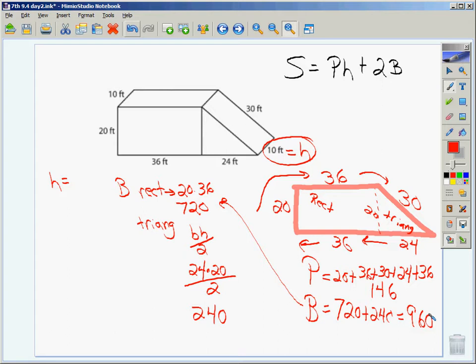What's left? Plug it back in. All we have to do is put them back in. What was P? 146. What was H? 10. Plus 2 times 960. 146 times 10, 1,460. 2 times 960, 1920.